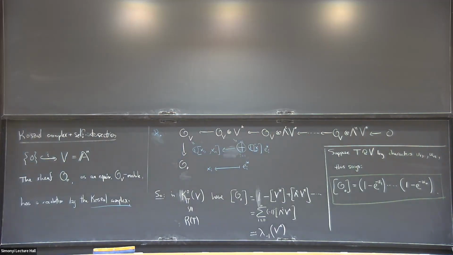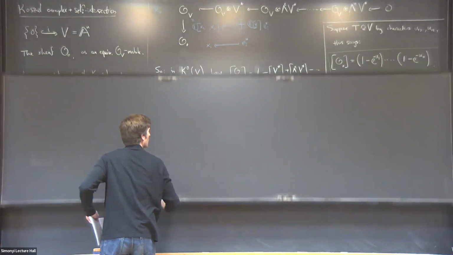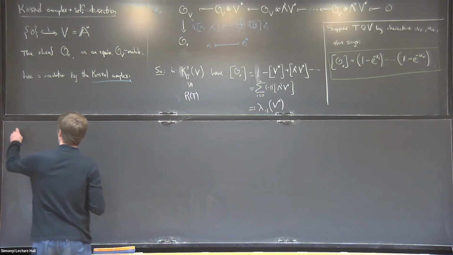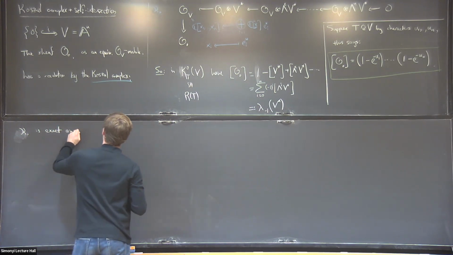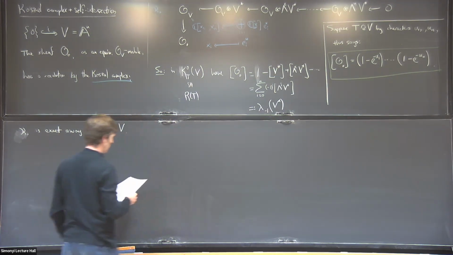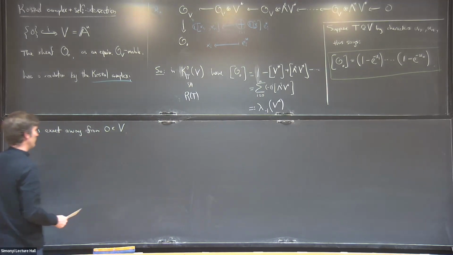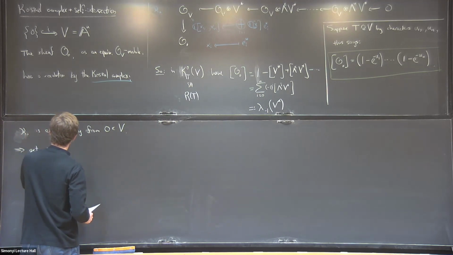All right. Say a little more about that. The Koszul quantities. So this Koszul complex is exact away from zero, and this gets you a restriction homomorphism.